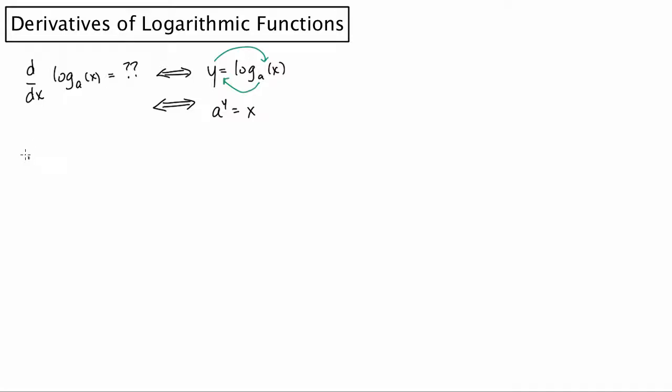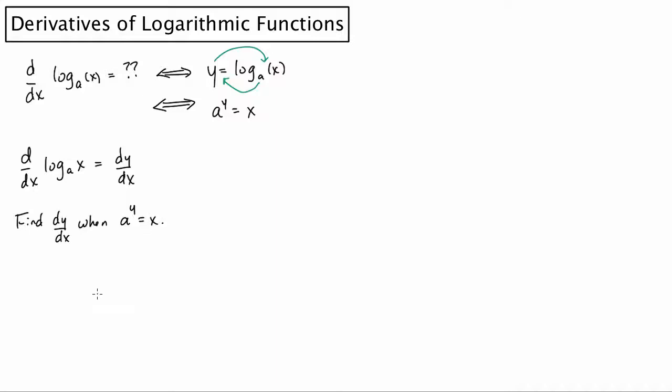So if I ask you what is the derivative with respect to x of log a of x, that's asking you what is dy dx if I define log a of x as y. So I want to find dy dx when a to the y equals x.